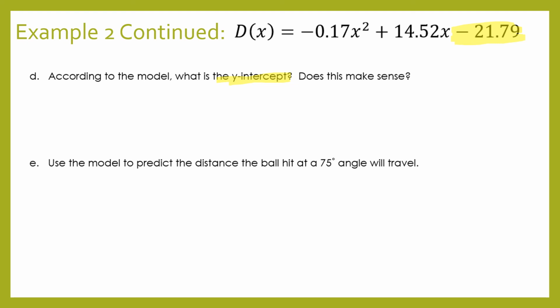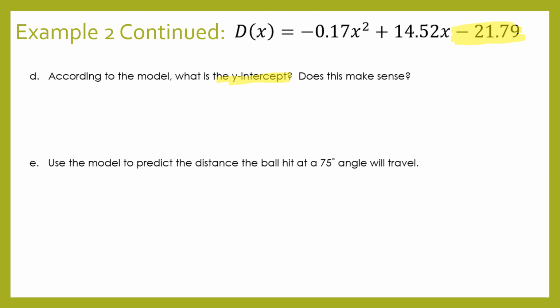So according to this model, this equation, our y-intercept is negative 21.79. Now what that means in the context of the problem is when you hit the ball with a 0-degree angle, it would travel negative 21.79, I think it was feet, yes, which the ball can't travel. If you hit the ball with a 0-degree angle, it's not going to go backwards.